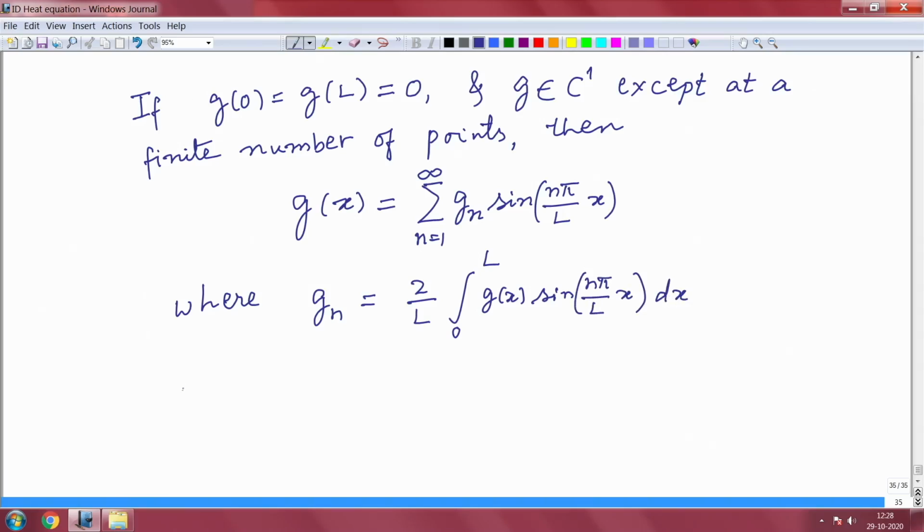So, we take C n equal to g n, and with this hypothesis on g, finally we obtain the solution.